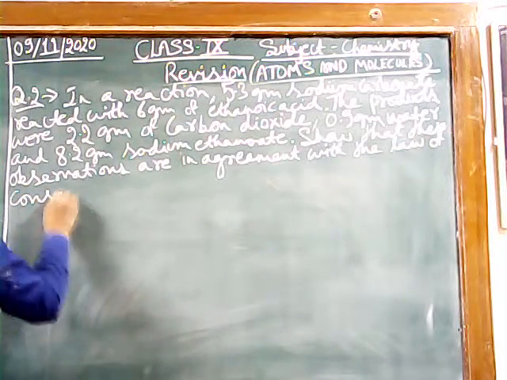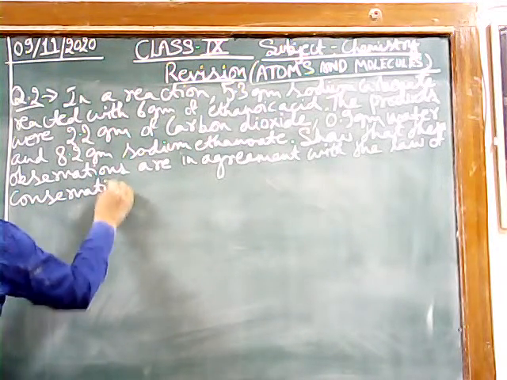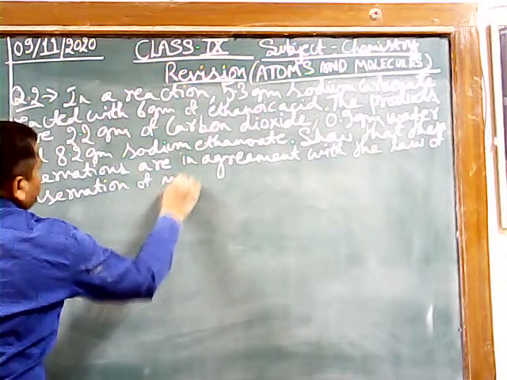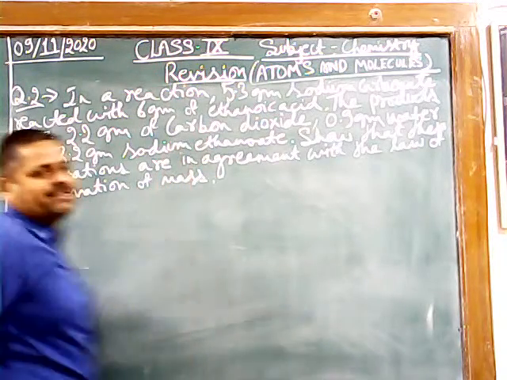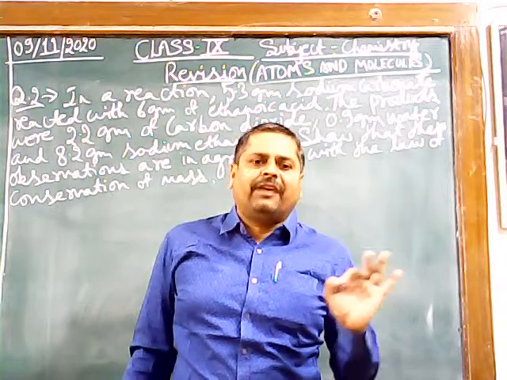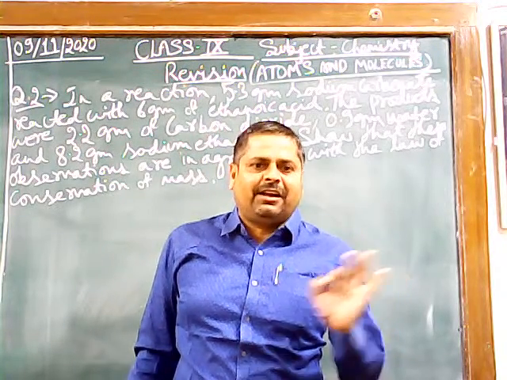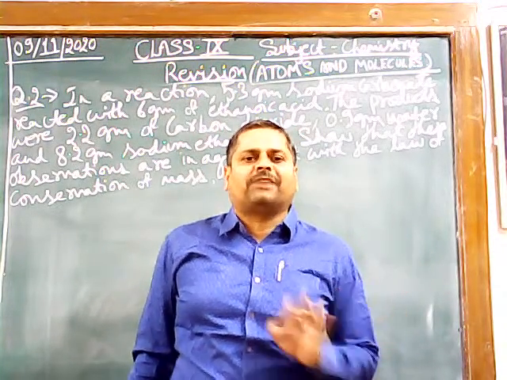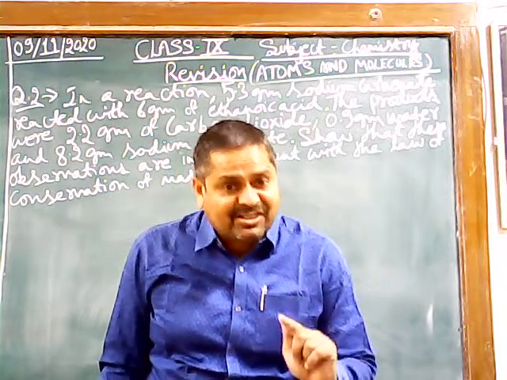First of all, we should know what is the law of conservation of mass. The law of conservation of mass says that the total mass of all the reactants taken together is exactly equal to the total mass of all the products taken together in a balanced chemical equation.